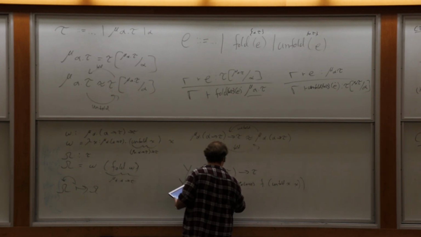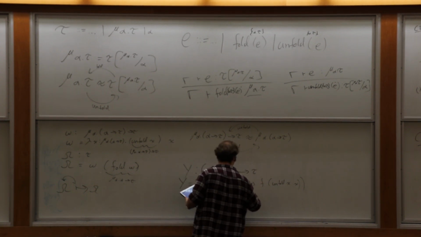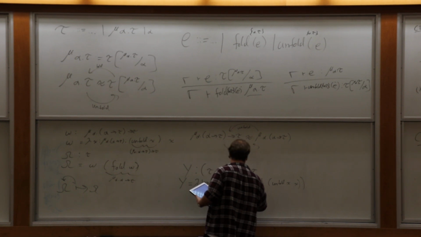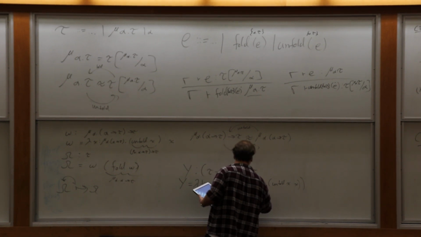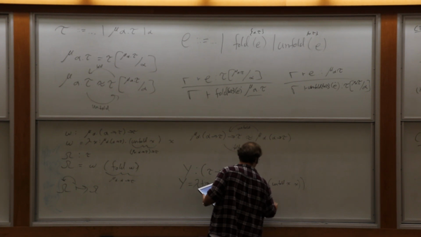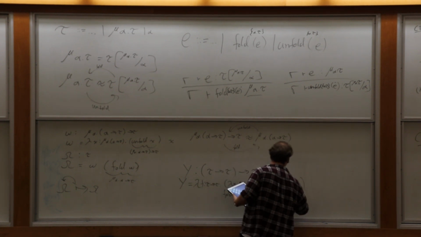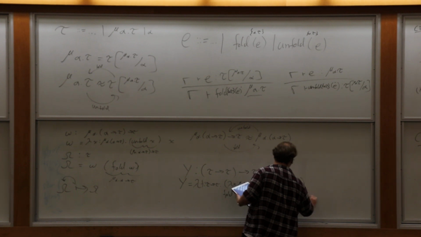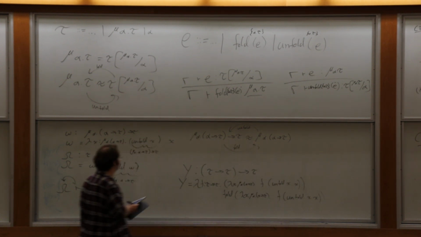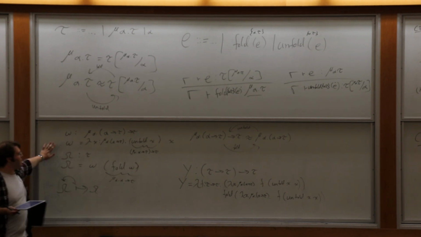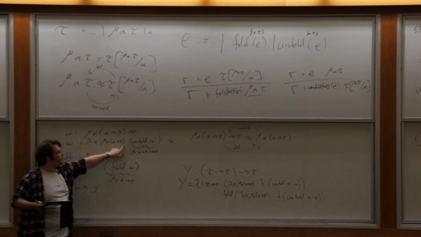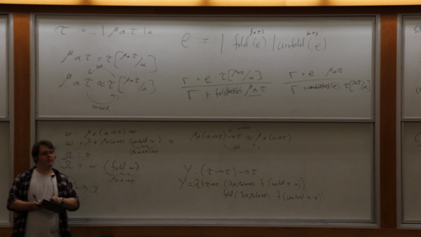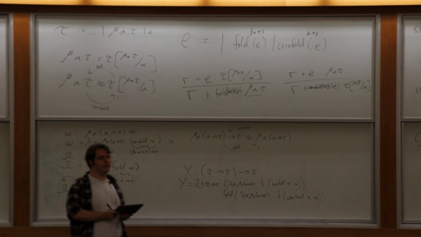So here you have fold of lambda x, mu alpha, alpha arrow tau, and then f applied to unfold x applied to x. Okay, so it's the same thing, I just put an f around the self-application. So it might be useful instead of completely useless.